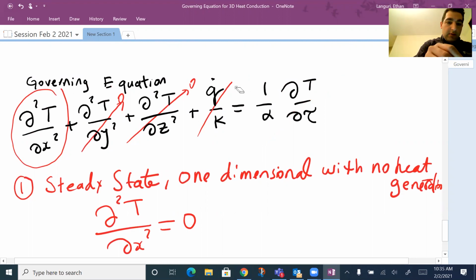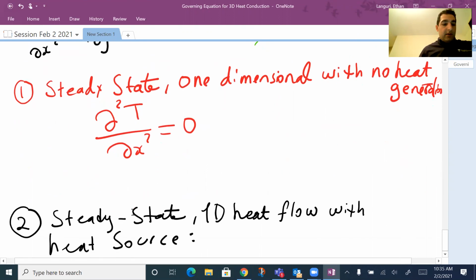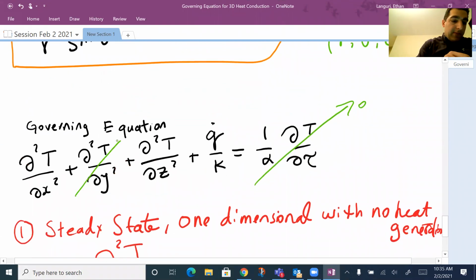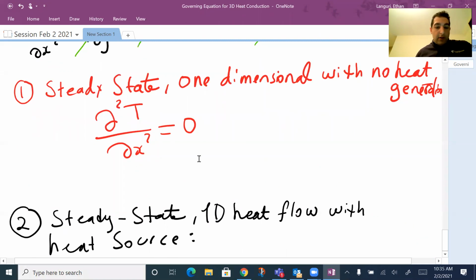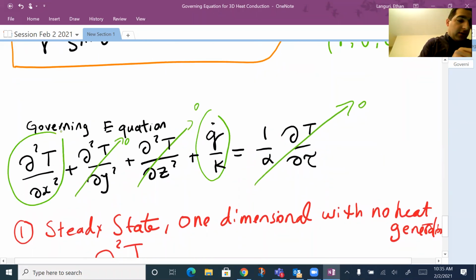Let me erase those so I don't repeat writing them. First of all, it's a steady state, which means the transient term drops, right? And then 1D, so I'm going to drop the y and z terms. And with a heat source this time, we're going to keep the q dot over k term and keep the one dimension here.